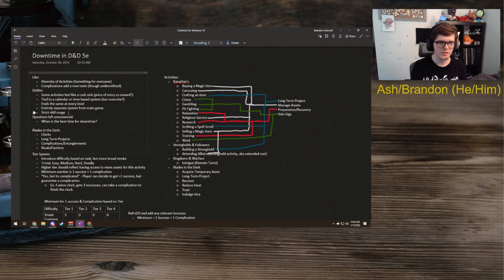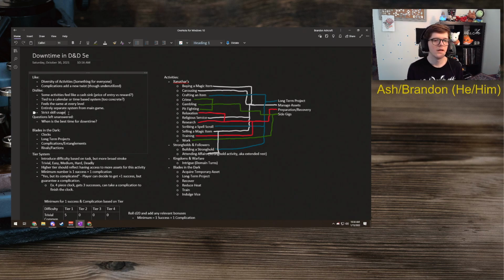If you're designing a campaign that's Blades in the Dark style, where you go on a mission every week, and then at the end you do Downtime, then you can work through this and have the system in place where it's maybe 10 minutes after the session is done. You're still in the session, but it feels more like the second half of the game rather than a completely separate piece that's optional and you may or may not do it all the time. It just doesn't work as well.